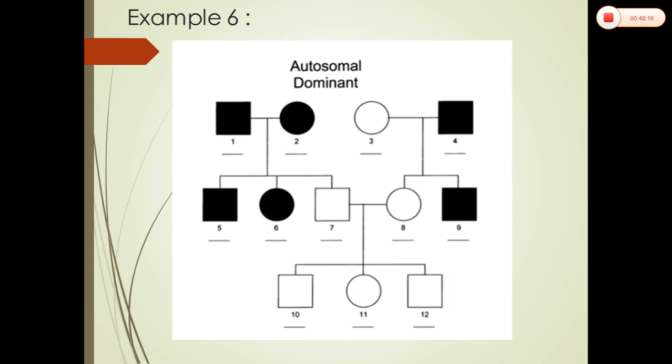Parents are affected, and the trait is transferred to the next generation. Now here you can ask me, madam, why did the trait not appear in the third generation? Because both the parents are normal. If both parents are normal, how can the trait be transferred to the next generation? So we will not consider that. We will see only the first generation and second generation.